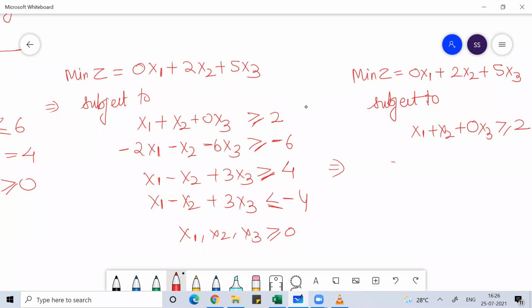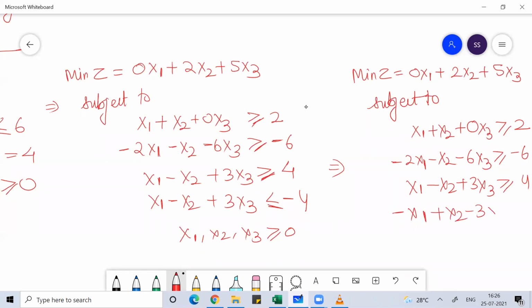Then minus 2x1 minus x2 minus 6x3 greater than or equal to minus 6. Then x1 minus x2 plus 3x3 greater than or equal to 4. Then minus x1 plus x2 minus 3x3 greater than or equal to minus 4. And then x1, x2, x3 greater than or equal to 0.